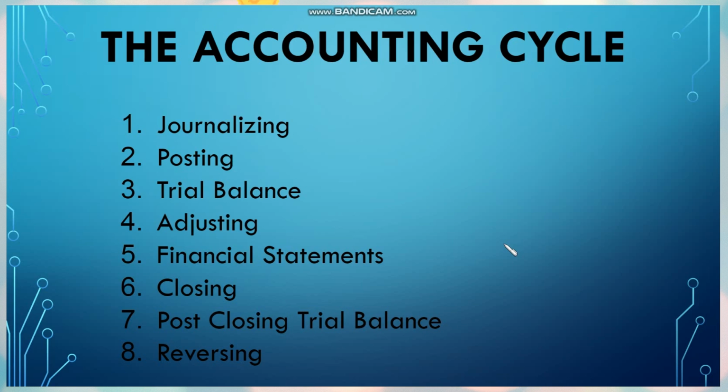If it is from January 1st to December 31st, we call it the calendar year. But there is also another period of 12 months, but it starts and ends on a date other than December 31st. If the end date is not December 31st, then we call it a fiscal year.